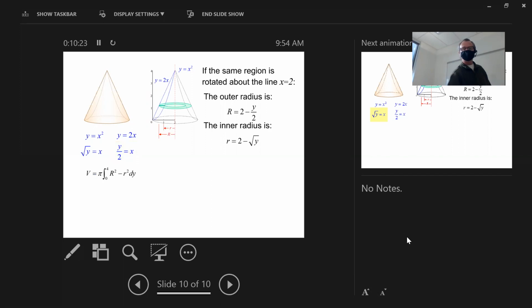And the inside radius is 2, take away the curve. So when you set this up, look what you have. You've got this thing squared, subtract that thing squared. Because in the last problem, those 2's were zeros, so they didn't affect the calculation. And here they're not zeros.